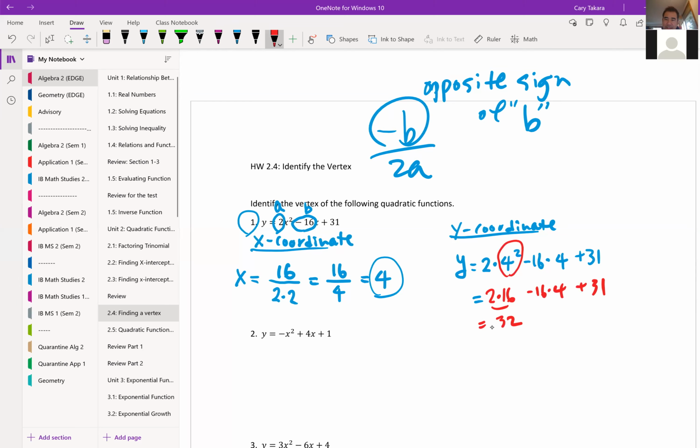And then negative 16 times 4 will be negative, what is it? 64. And then 32 minus 64 is negative 32, plus 31. So it looks like it's going to be negative 1.